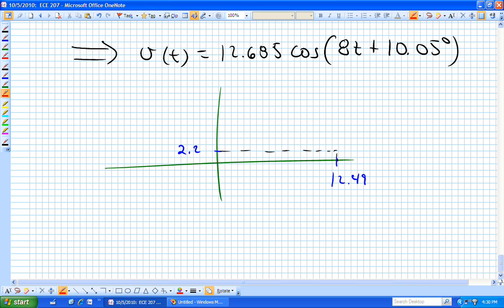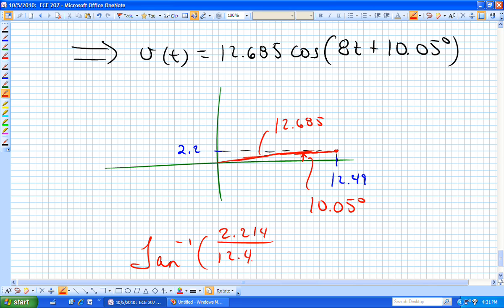But now this angle, the length of this vector, ouch, that's pretty bad. That length should be the 12.685 that we had. And this angle right there is the 10.05 degrees, which is this inverse tangent of 2.214 over the 12.49. That's how I obtained the 10 degrees.